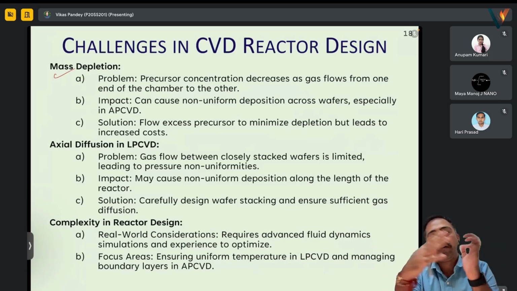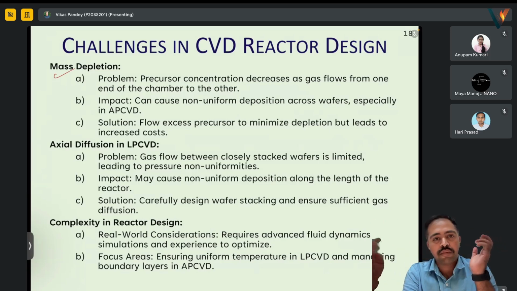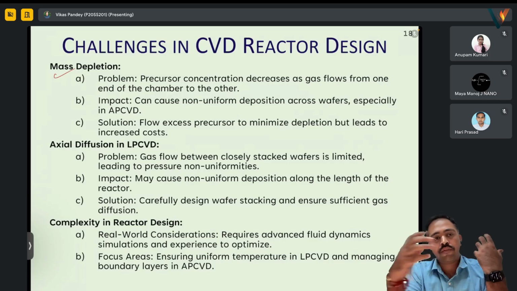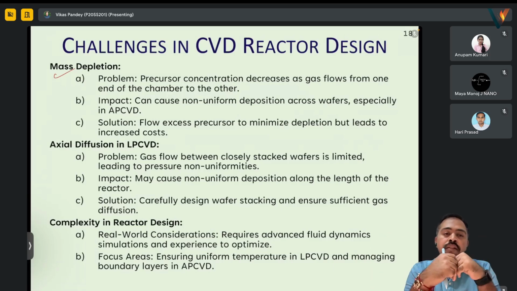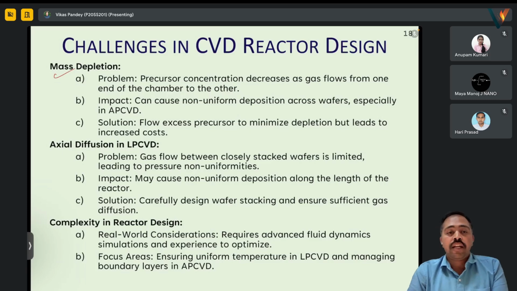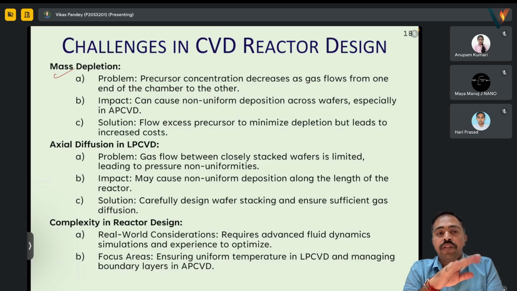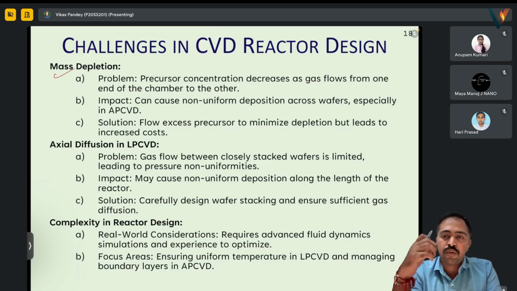When we are going towards the end of the chamber, in the direction of flow of the gas, the precursor concentration will be lower. As such, it can cause non-uniform deposition across the wafer, especially in case of APCVD where the pressure is not getting lowered, not getting sucked out.